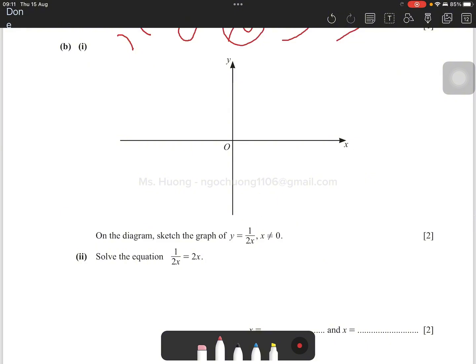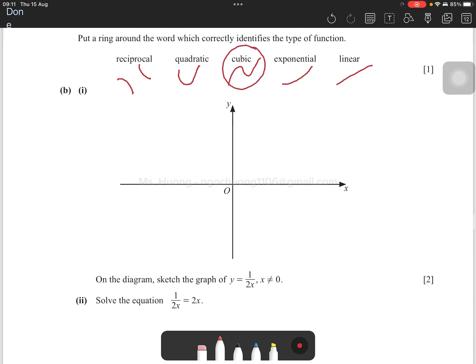B. On the diagram, sketch the graph of y equals 1 over 2x. 1 over 2x is a reciprocal function, so the graph should be something like this. But to draw this graph, we should draw a table of values for x and y.